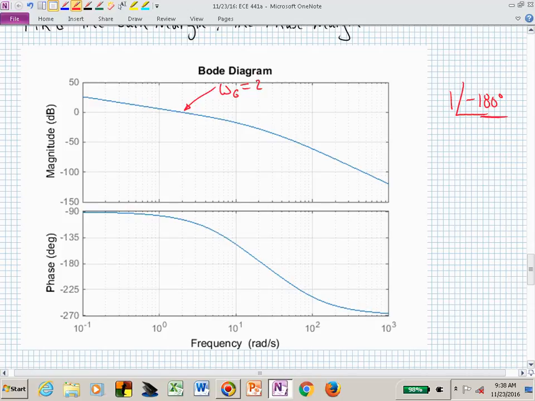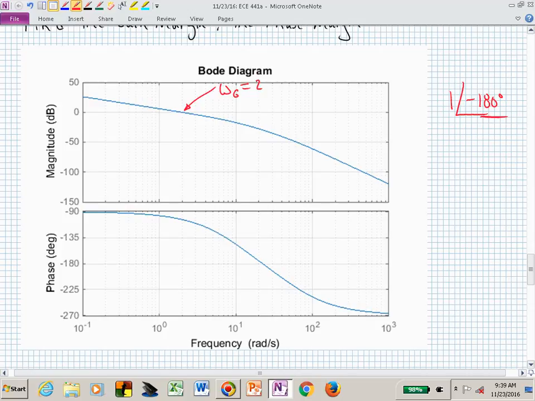It's when our phase curve crosses minus 180. Does it ever cross minus 180? Sometimes it will not. It may just approach asymptotically, which means that our gain margin would be infinite. We could just keep cranking up the gain and still be stable. And you saw that on, I'm sorry, on root locus, right?